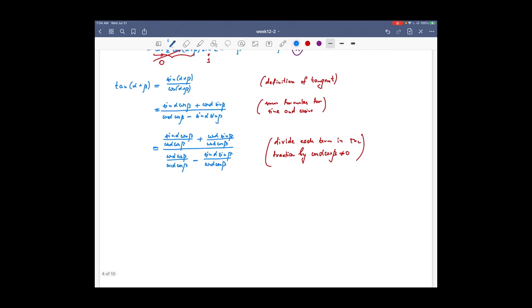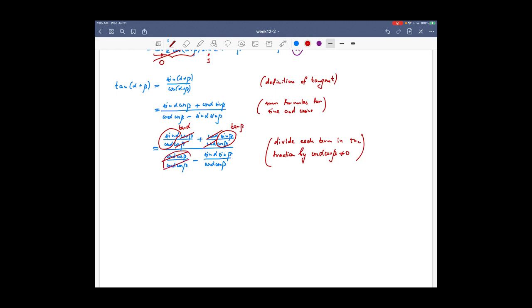Now, what cancels here? We have cosine beta and cosine beta canceling, and then sine alpha over cosine alpha. That's tangent alpha. Here we have cosine alpha and cosine alpha canceling, and sine beta over cosine beta is tangent beta.